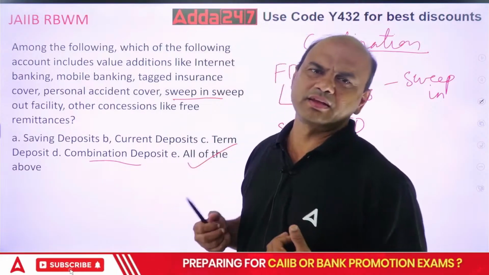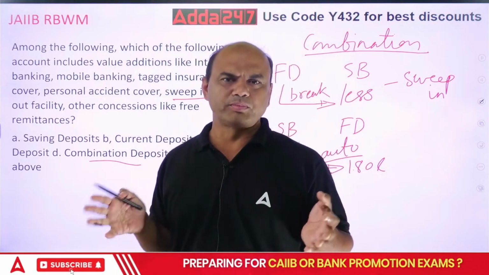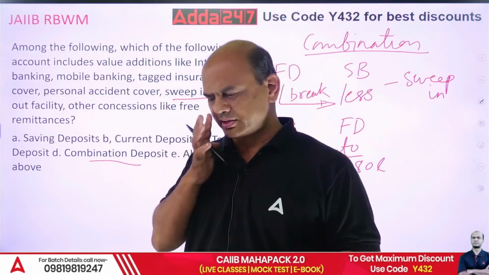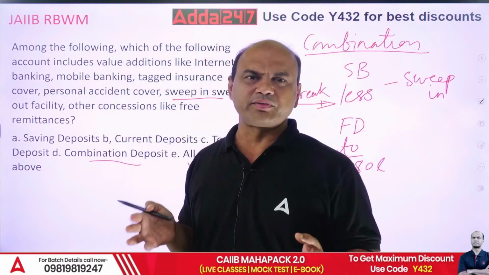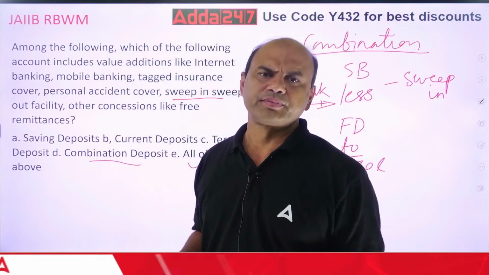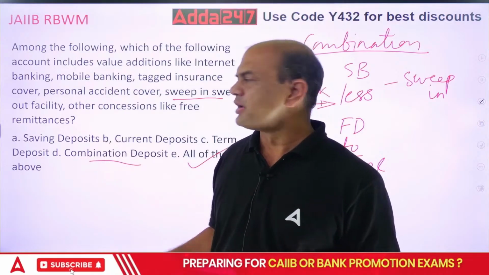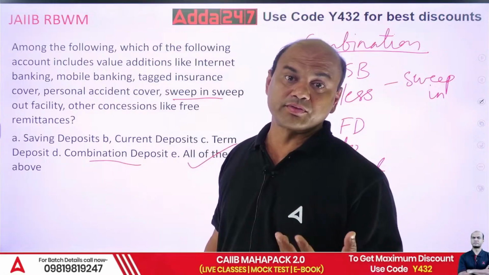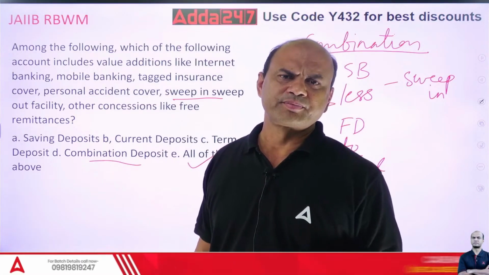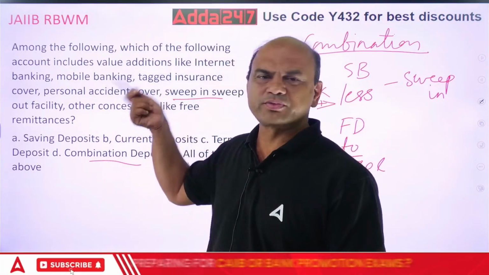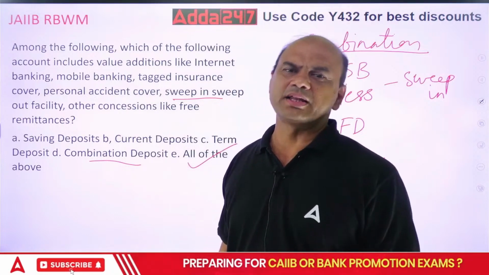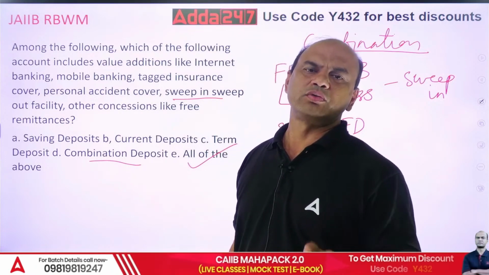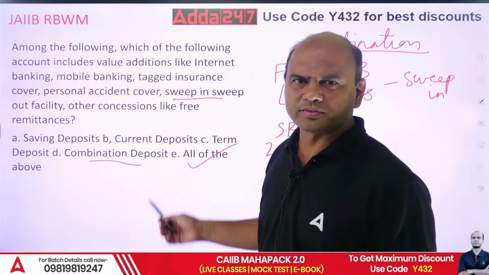If my bank management feels that savings accounts have to be sold more, then they'll give it for savings. If they want term deposits to be sold more, we are falling back in FDs, so they'll give all these facilities for FDs also. It depends on what you want to sell. Simple. So all of these. Okay?